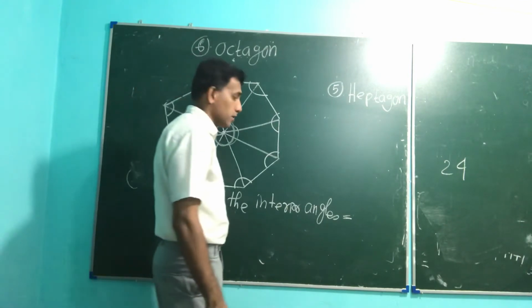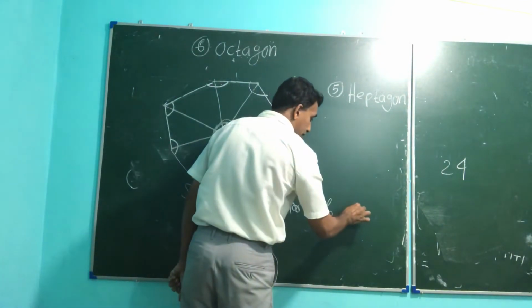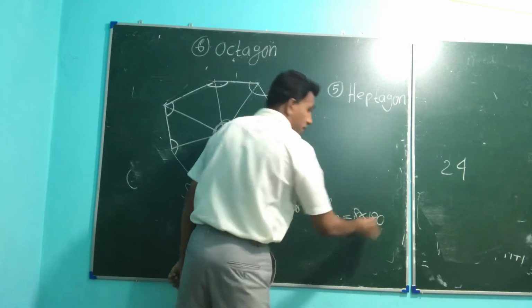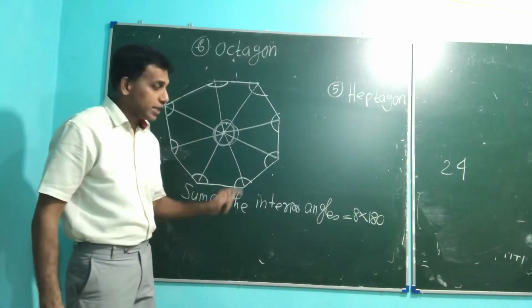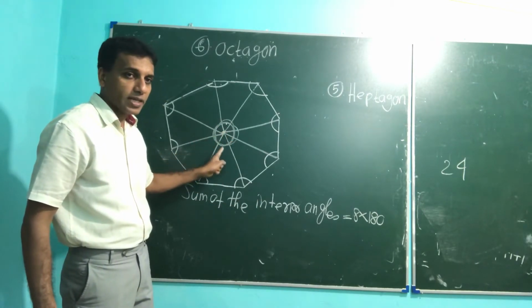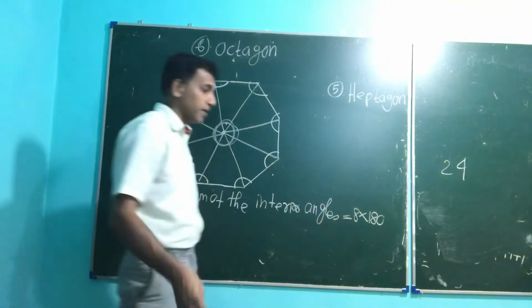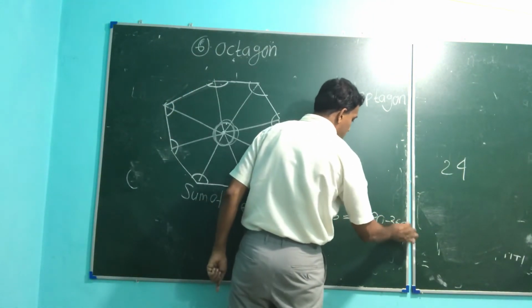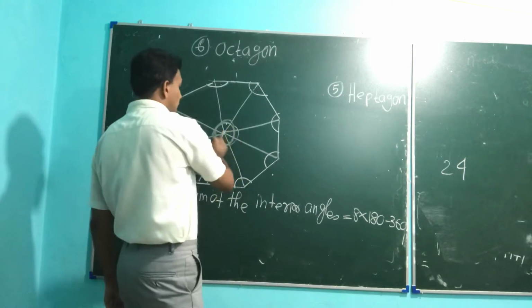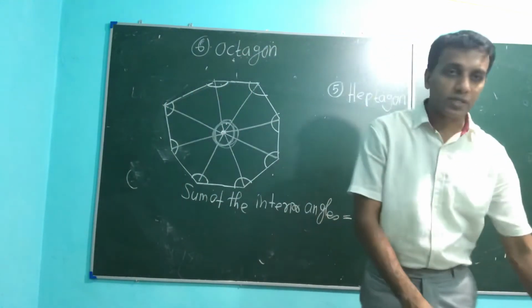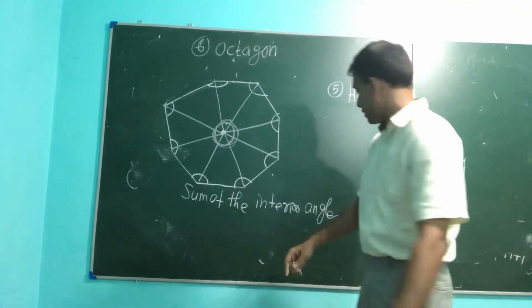But the method is there are 8 triangles multiplied by 180, but it is too much. Subtract the angles at the center. That means 360, right? Why do I always say 360? Why 360? It's the point: at a point, 360 degrees, right? So get the answer, my dear students.